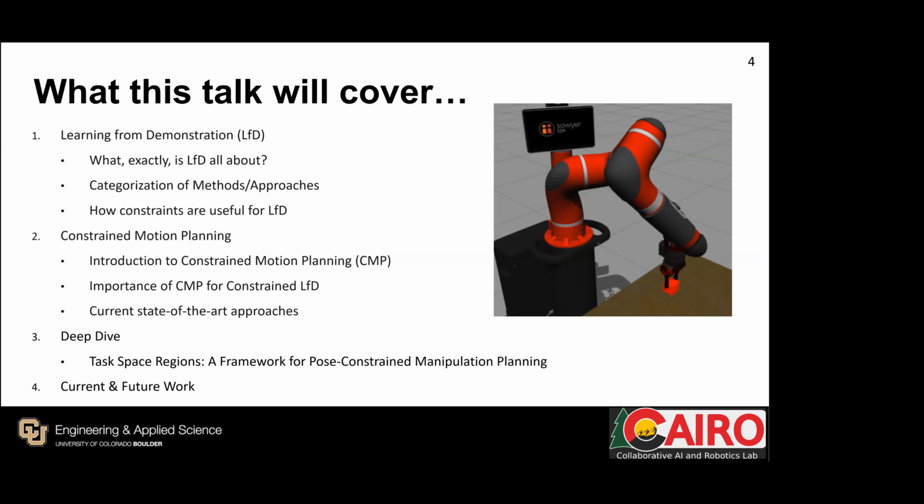I will then go into a deep dive on a paper called Task Space Regions, a framework for pose-constrained manipulation planning that provides a really expressive way of representing constraints for constrained motion planning. And then very briefly, I'll touch on some of my current and future work that will ultimately constitute my dissertation.